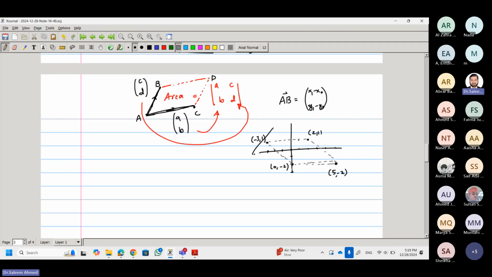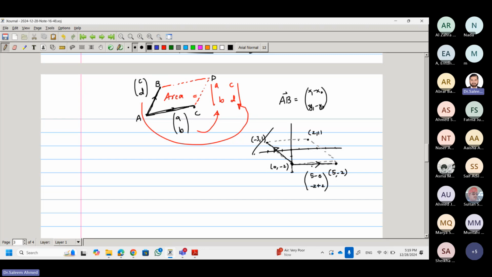Now you can pick any 2 points. You can pick this vector, let's say first vector, you can pick this one, right? And the second vector, you can pick this one. I just need these 2. So this vector will be subtract the points x from x, so 5 minus 0, and y from y, minus 2 plus 2.